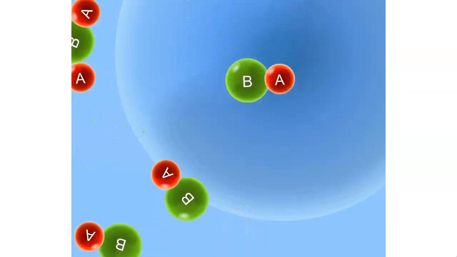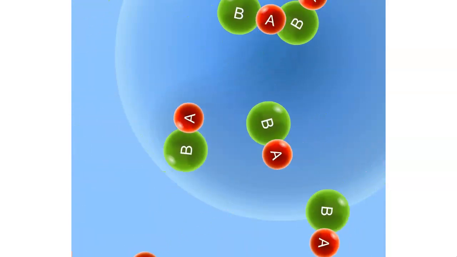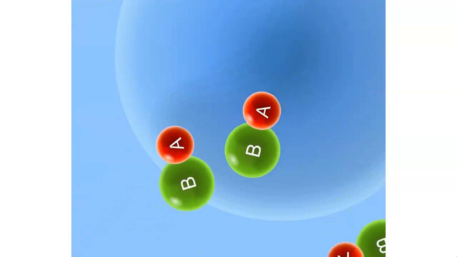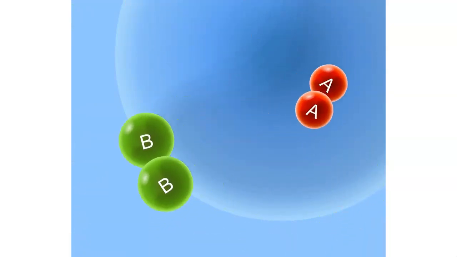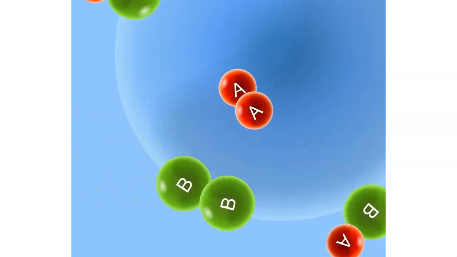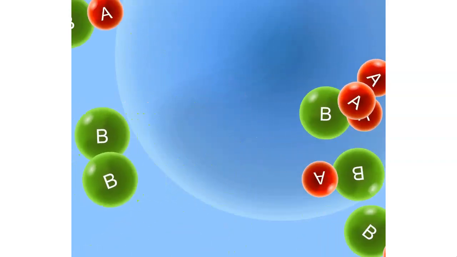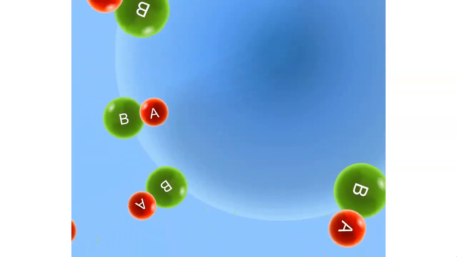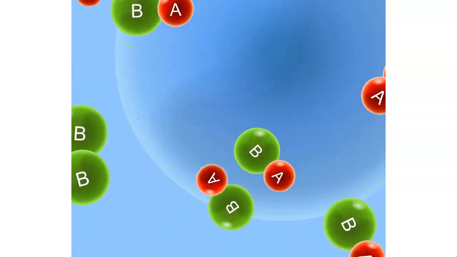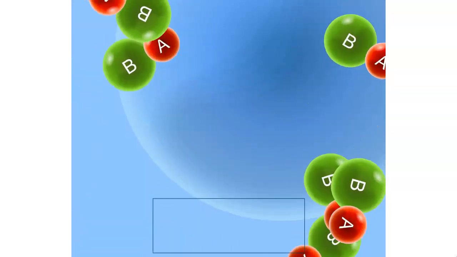Any other orientation will result in the molecules ineffectively bouncing off one another. The collision is effective only when the mutual orientation of the molecule allows the reaction to occur. Note that you can find only one correct effective orientation and thousands of others which are ineffective.